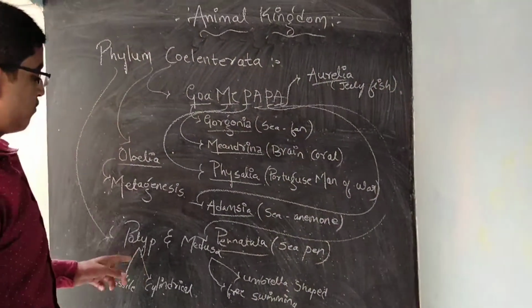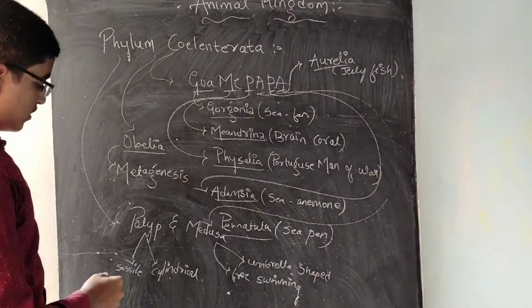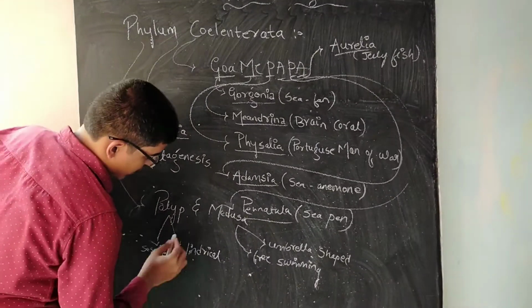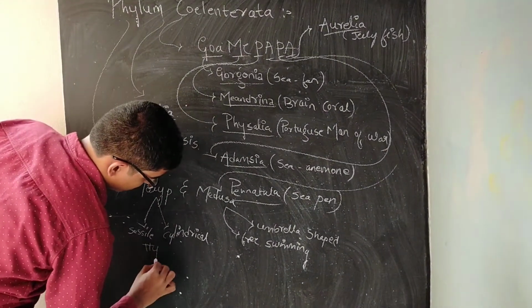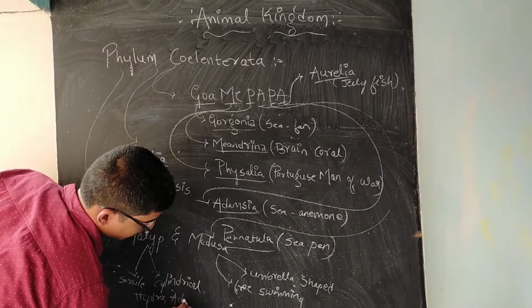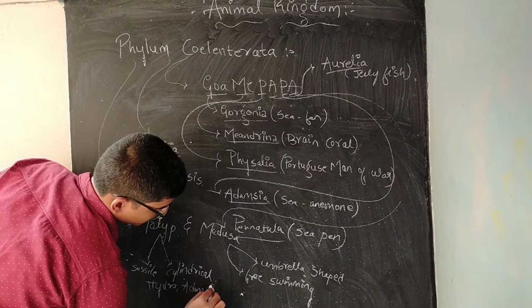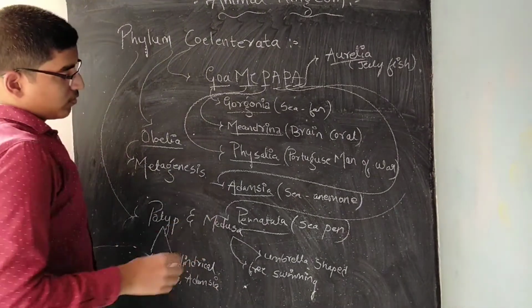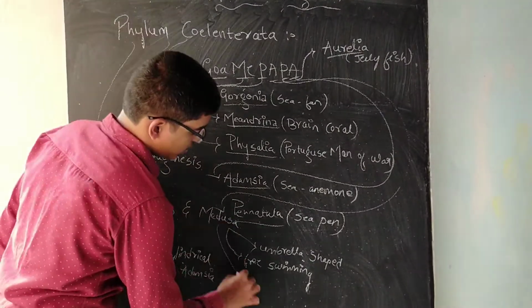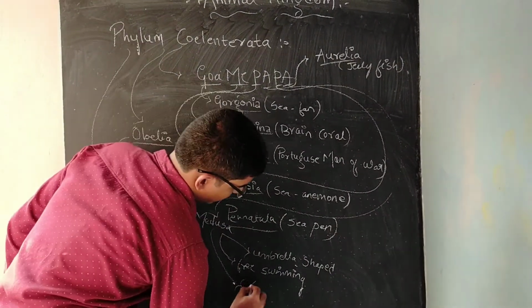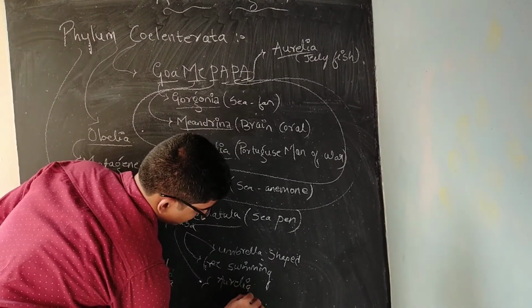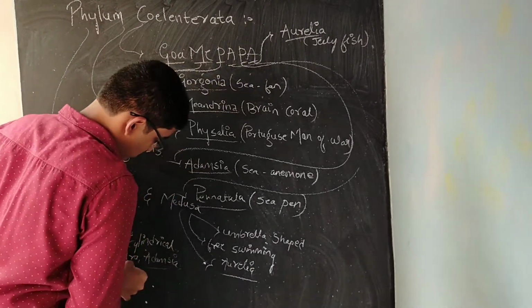Can you give an example for polyp by seeing these examples? So cylindrical form is your Hydra, which is another example. The polyp can be seen in Hydra or your Adamsia, which is sea anemone. And medusa you see in jellyfish or Aurelia.